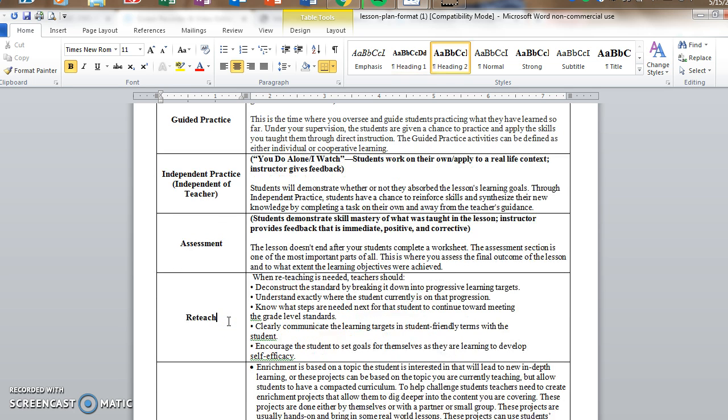When needed, teachers should deconstruct the standard by breaking it down into progressive learning targets, understand exactly where the student currently is on the progression, and know what steps are needed for that student to continue toward meeting the grade level standards. Clearly communicate the learning targets in student-friendly terms with the student. Encourage the students to set goals for themselves as they are learning to develop self-efficacy.